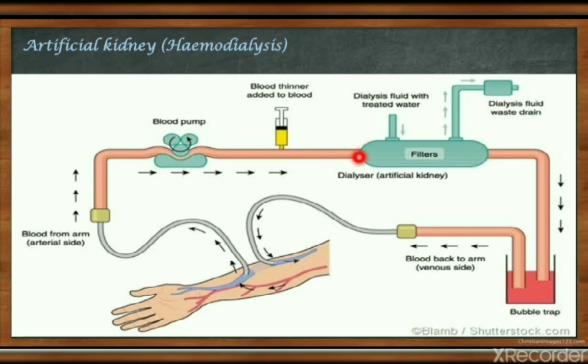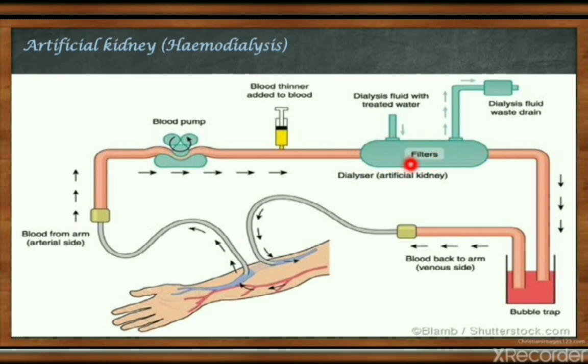Here there are so many plates. Basically, they are semi-permeable membranes, and there are so many plates. And one more thing, here there is a dialysis fluid or dialyzer fluid.